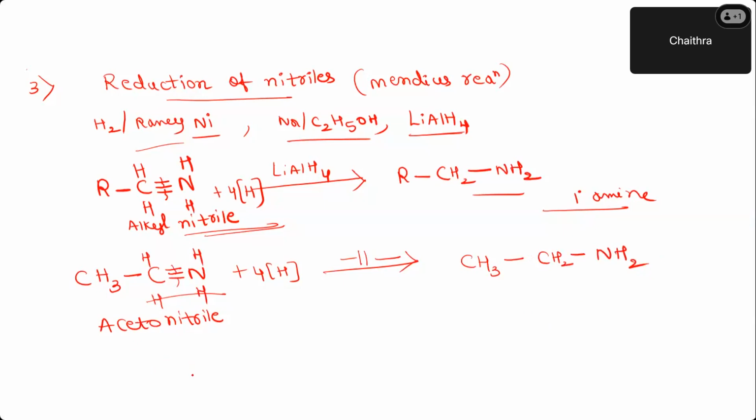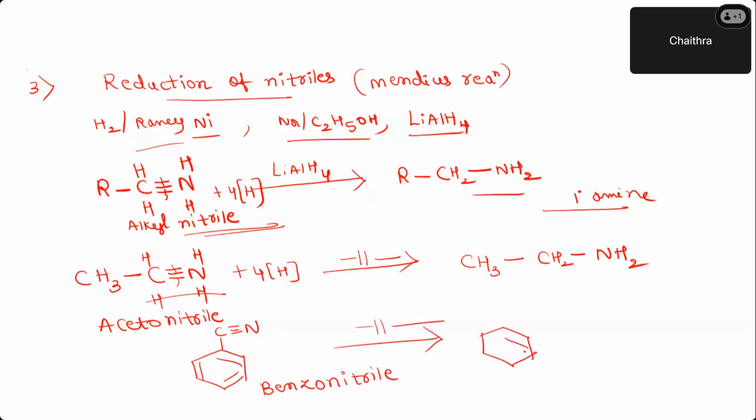One more example I'll give. If I take a benzene ring and attach C triple bond N here, what is the name of this compound? It is called benzonitrile. Now, on the arrow mark, take any reducing agent and please tell me the product. What do you get? I have the benzene ring as it is. Now you add hydrogens across the bond.